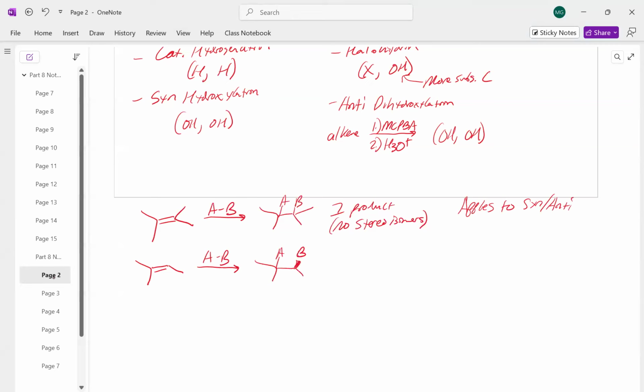Whether it's syn or anti, it doesn't matter for A because A is not on a chiral carbon. And B could end up either up or down. So with one stereocenter, you get two products. It's a racemic mixture of enantiomers.